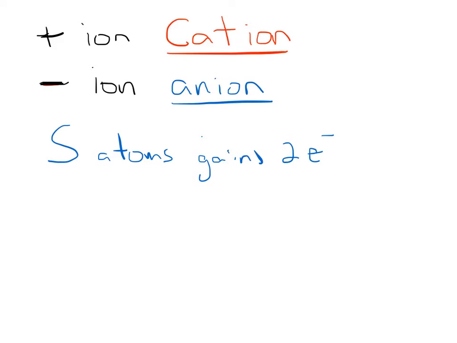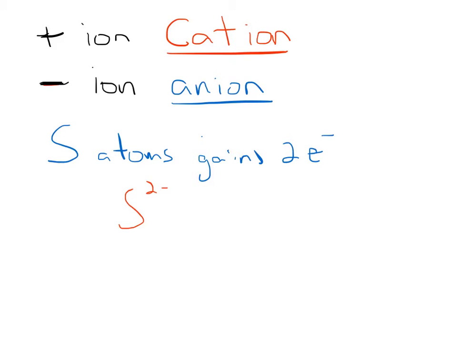What does it become? From the rules before, if you gain electrons, you become negatively charged. So it would now be sulfur 2-, and this is an anion because it's a negative ion. So we would say this is a sulfur anion.